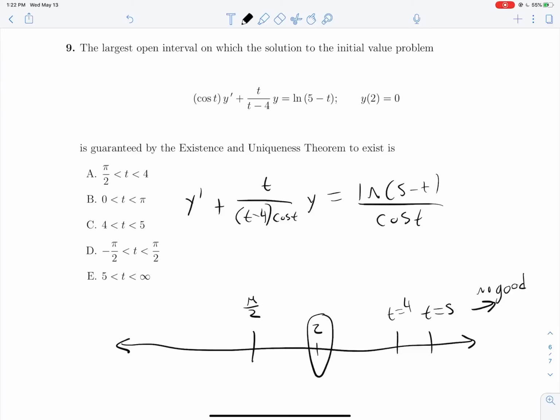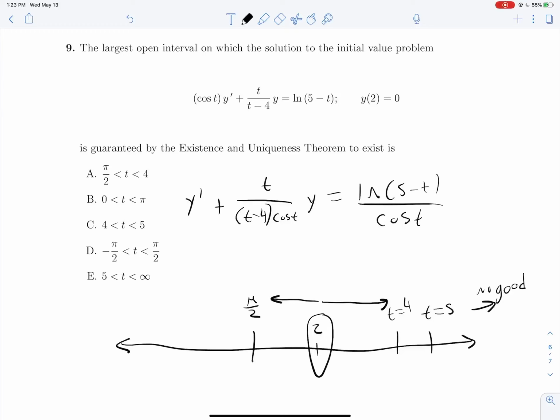But 3 pi over 2 is greater than 4. So that's gonna fall somewhere over here. But all we're really looking for, and the reason that we don't need to figure out where 3 pi over 2 lands if it's above 4, is that what we're looking for here is the longest distance that we can go to the right without hitting a discontinuity, and the longest distance we can go to the left without hitting a discontinuity.